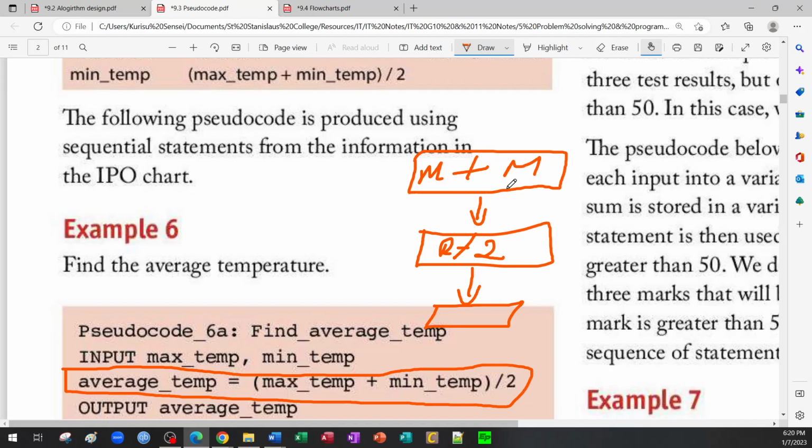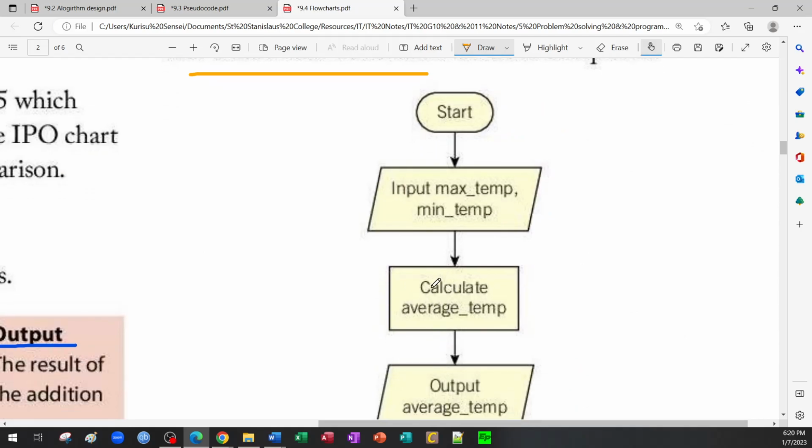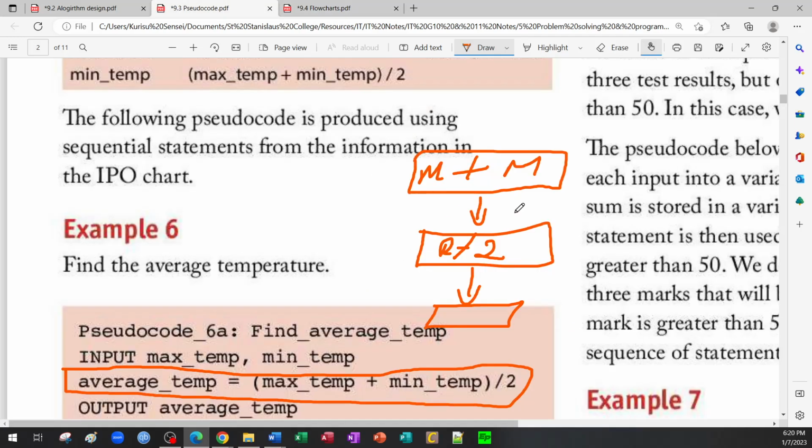So we can break up the calculation like that if you want also. Any one can work. You either put all the calculation into one symbol, you summarize it like this here, or you break it up into separate calculations. Either one can work.